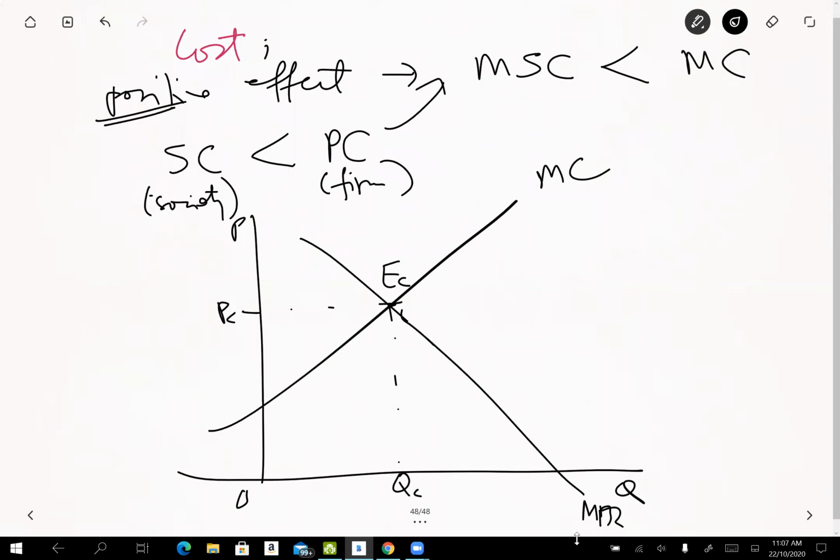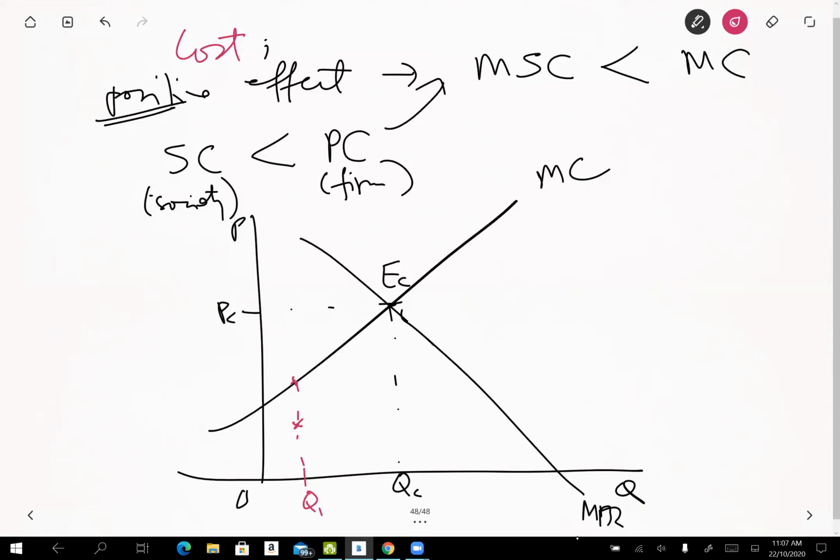So how do you locate the marginal social cost? To the right or to the left of the marginal cost? Look at one output level, call it Q1. At Q1, the marginal cost is higher than the MSC, or the MSC is less than the marginal cost. So therefore the MSC will be there.